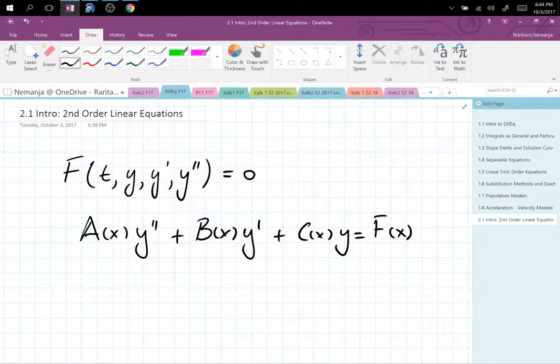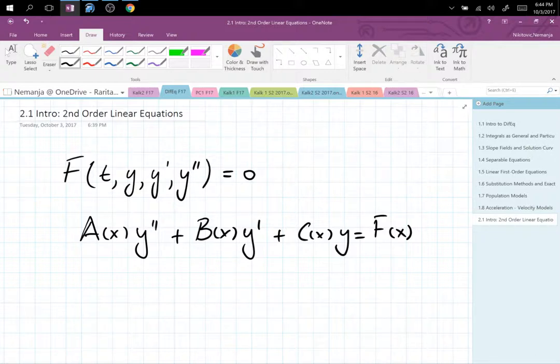It is important to note that you cannot have y, y prime, and y double prime squared. You can't have them in the cosine and sine because that would ruin linearity. This is the linear form. You can have whatever nonlinear functions within a(x), b(x) and so on, but you cannot have y times y double prime.